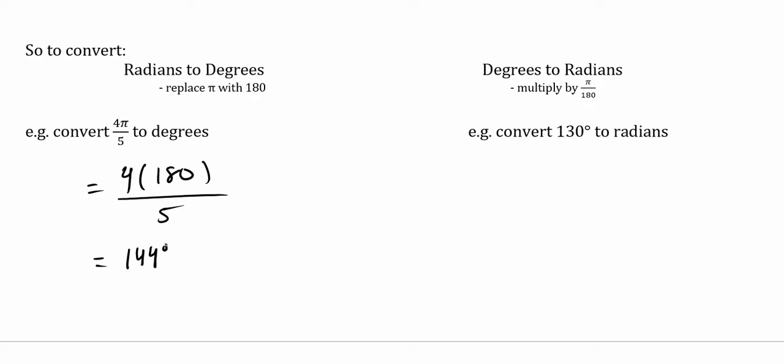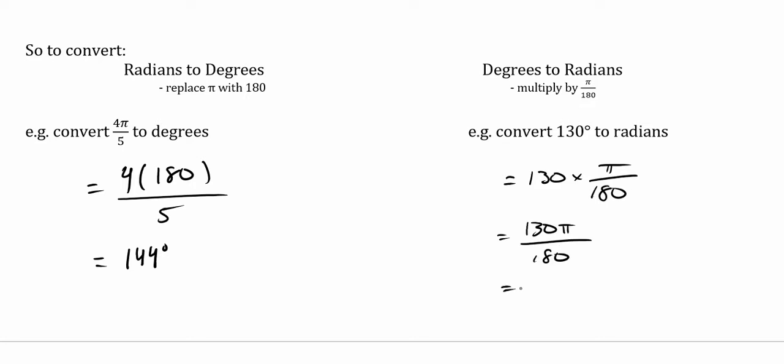Multiply, so degrees to radians, we're going to multiply by pi over 180. That's a little bit harder to remember, like it's not quite as simple, but it's still pretty easy to do. So 130 degrees is going to equal 130 times pi over 180, which is 130 pi over 180.